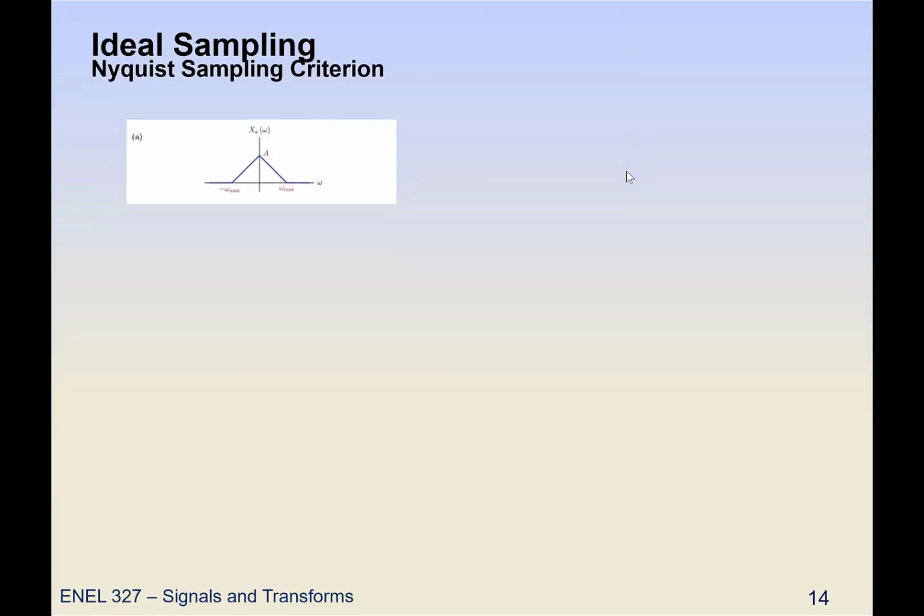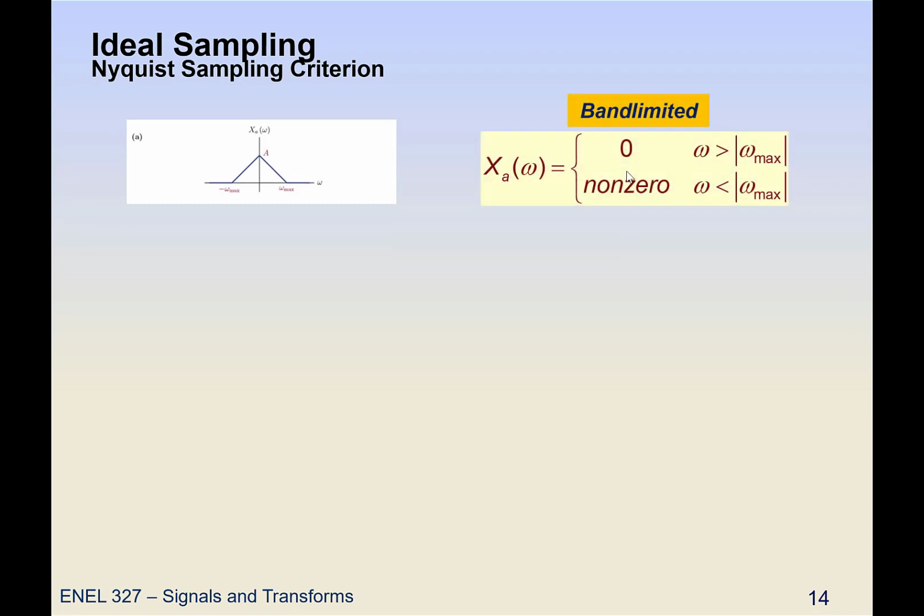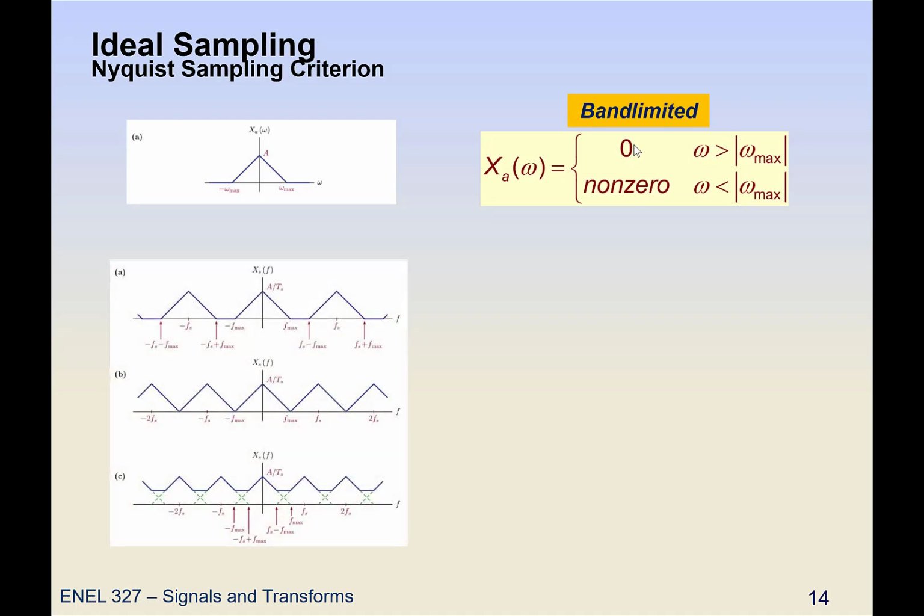So let's go back to our band limited signal again. Defining what band limited means, it means that it's non-zero only in a certain frequency range, and it's zero outside of that frequency range. And again, just taking a look at what happens as I decrease the sampling rate.